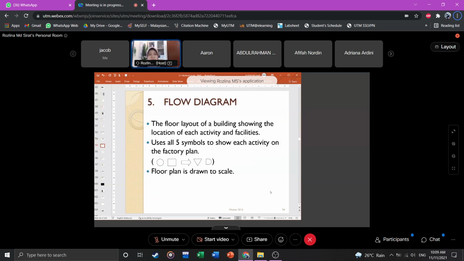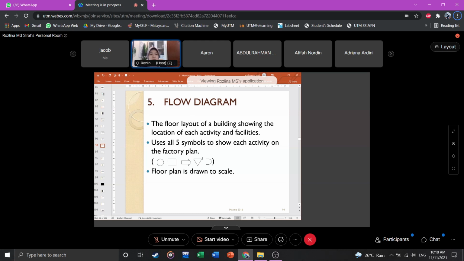Okay, flow diagram. What is flow diagram? Before this, what other charts? All charts. Now, the flow diagram: the flow layout of a building showing the location of each activity and facilities. Because it is a layout, they show the location of activities and facilities. Use all five symbols to show each activity on the factory plan.